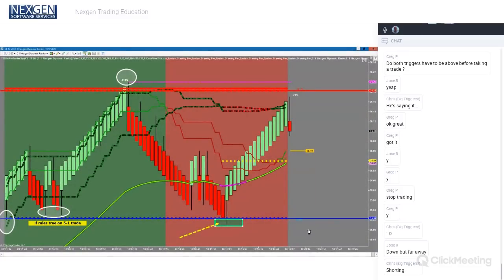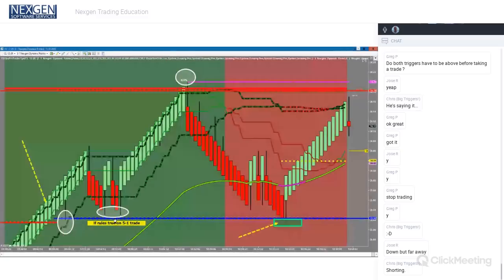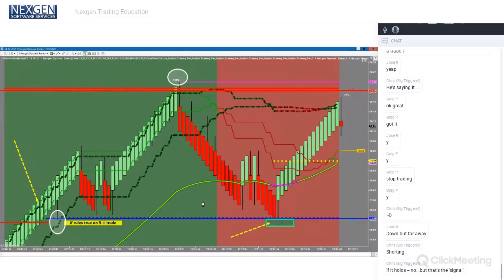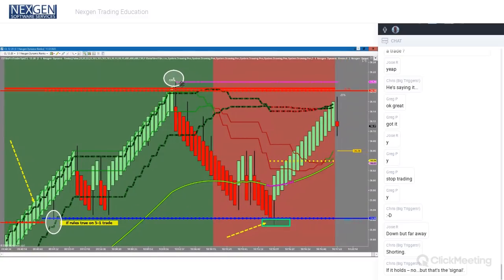And this is where a lot of people get in trouble. The idea is we want the triggers going up and support holding. And then if resistance holds, it's basically go long here, stop going long here. If there was a short, which there wasn't, and you hit this, you would stop going short.